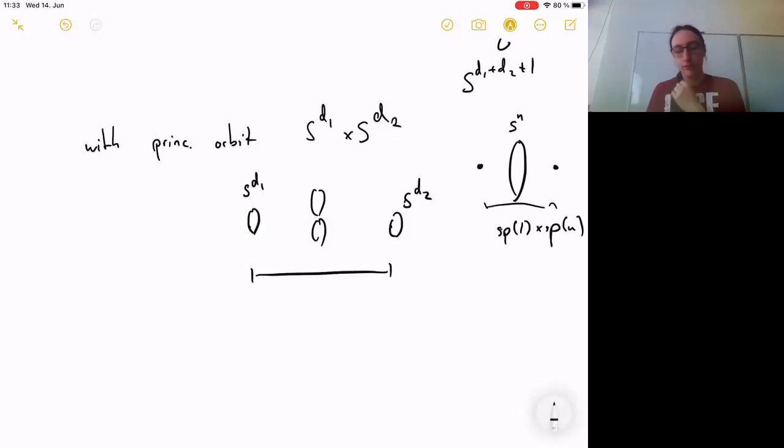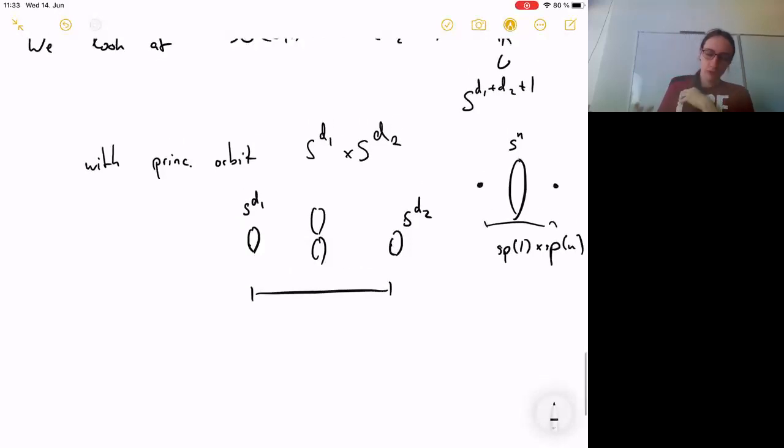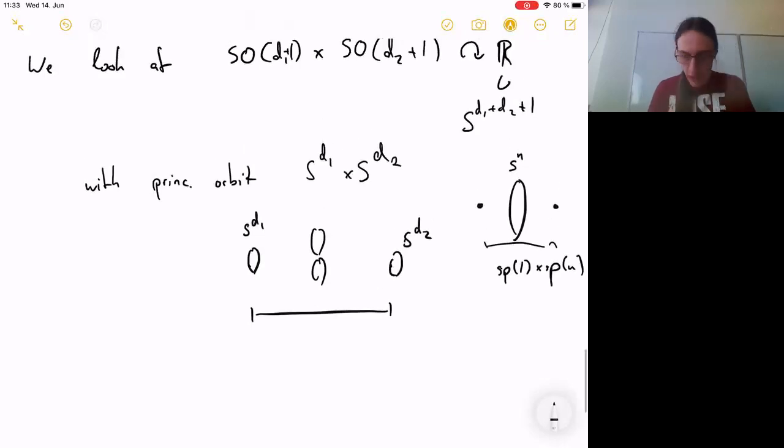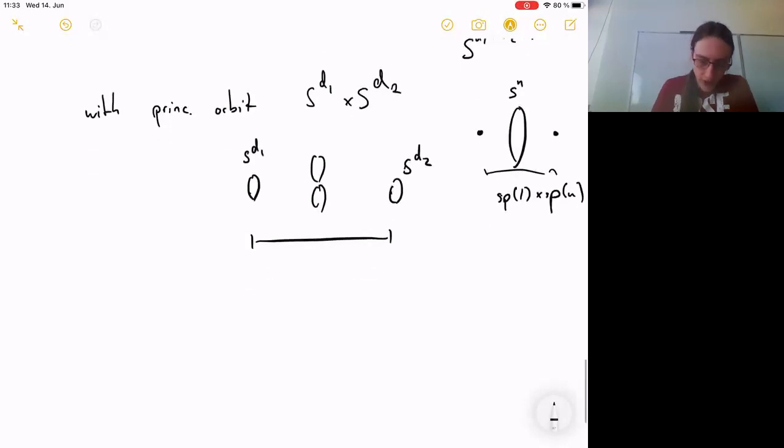So we look at the product action, which is homogeneity 1 with these orbit types, and we look for Einstein metrics here. What's good about this is that there are exactly 2 functions.